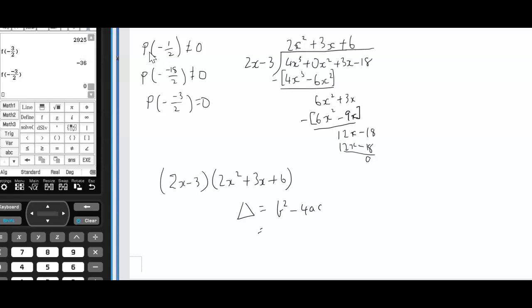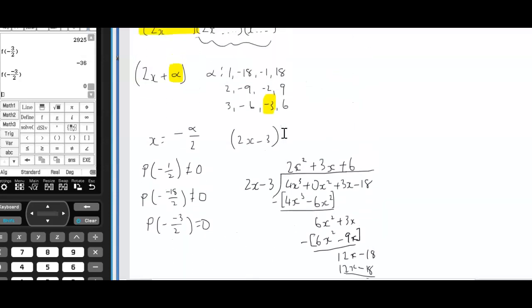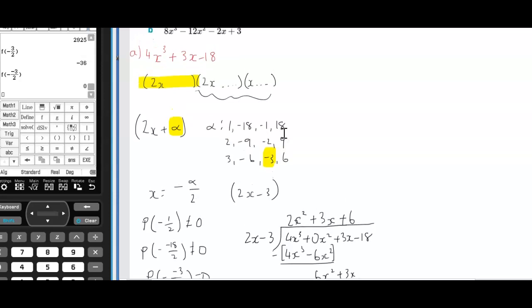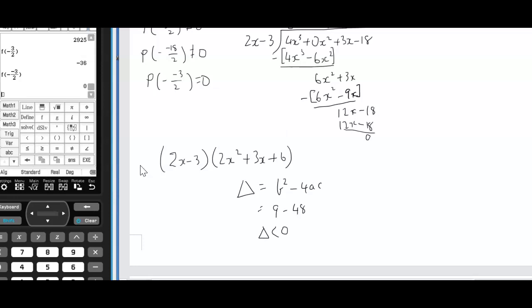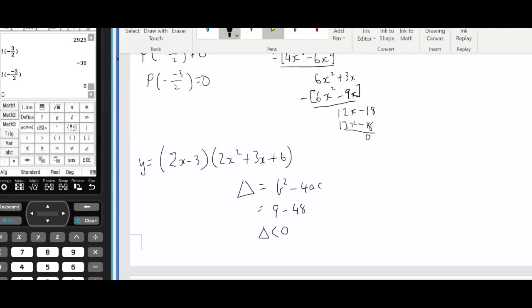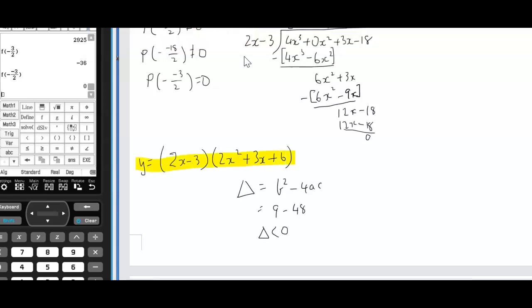So b being 3, 3 squared is 9, and then 4 times 2 is 8, and 8 times 6 is 48. So your discriminant is less than 0, so we can't factorize that. Our solution just stays as this.